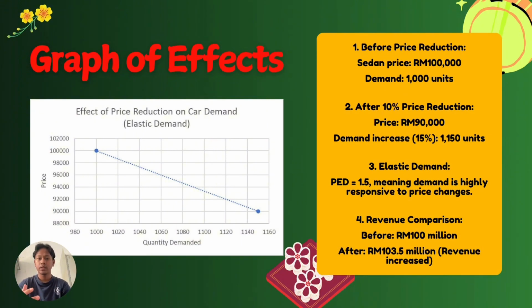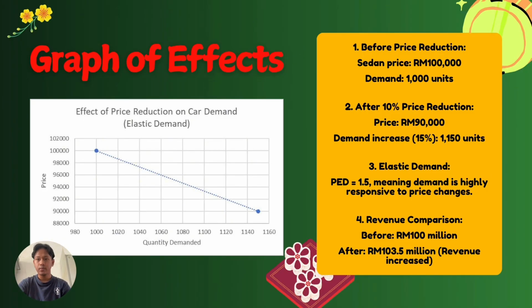From this graph, let's say for example, the car price is 100,000 and the demand will be 1,000 units. After we reduce the price, it will become 90,000 ringgit per unit, but our demand will increase by 1,150 units.